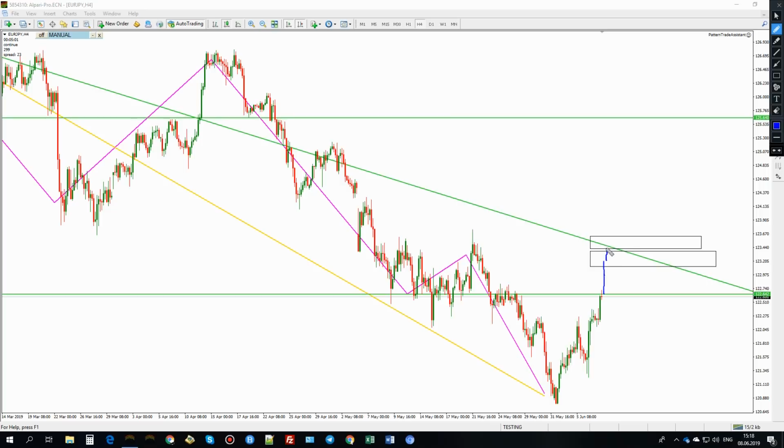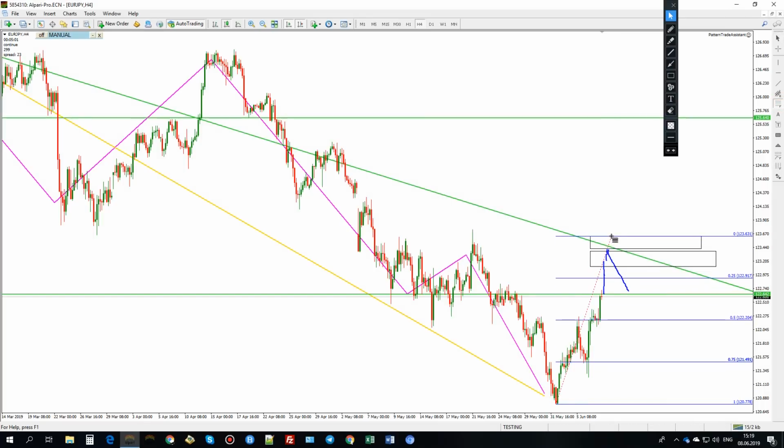And then after that, what is your target? After breaking the key resistance level, it should now turn into support. That's why price may retrace. And if you use standard harmonic targets, yes, I don't have 0.382 here.